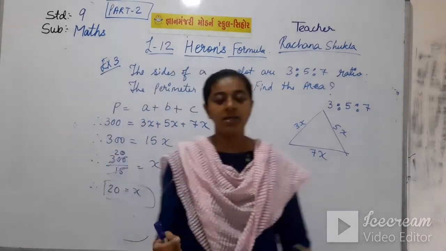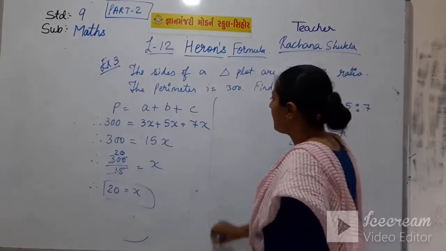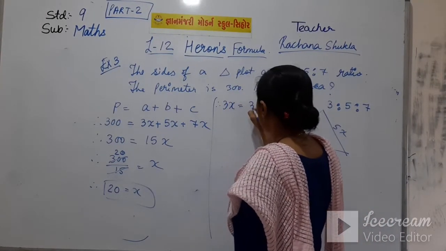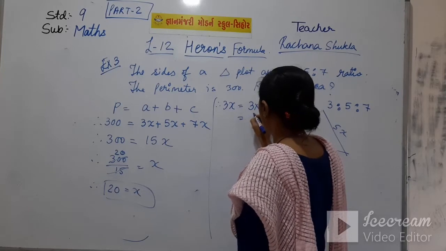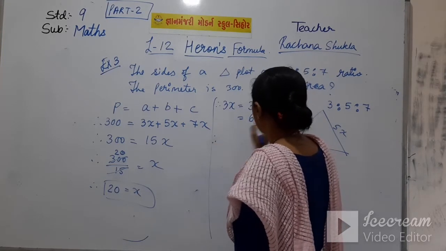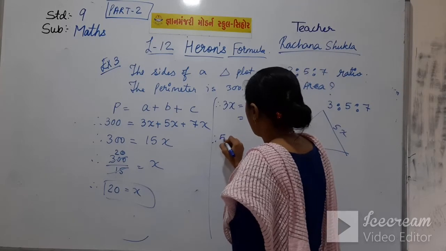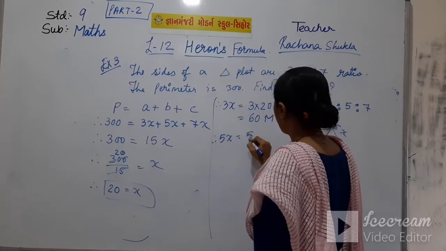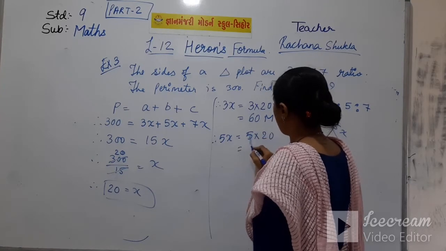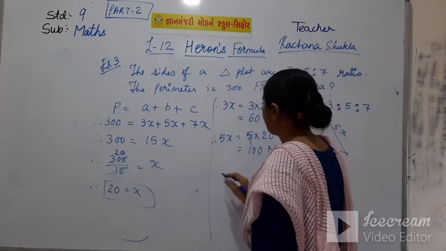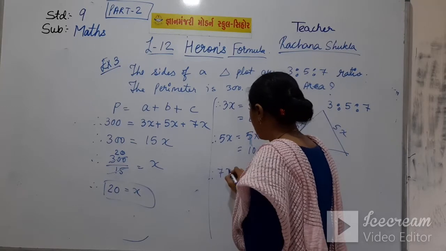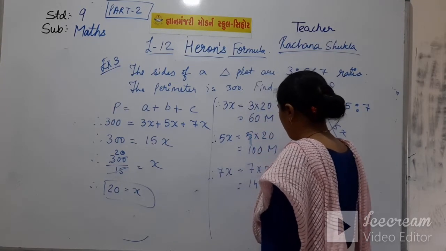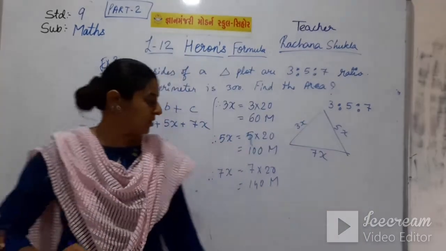Now we will find each and every value of the sides. Therefore, 3x is equal to 3 into 20 is equal to 60 meters. 5x is equal to 5 into 20 is equal to 100 meters, and 7x is equal to 7 into 20 is equal to 140 meters.